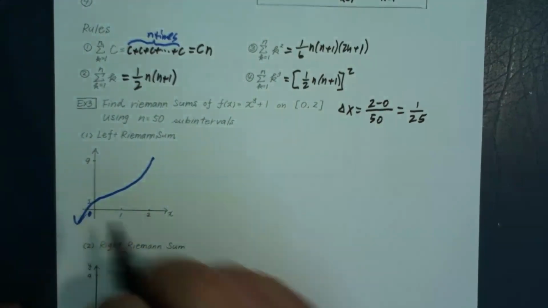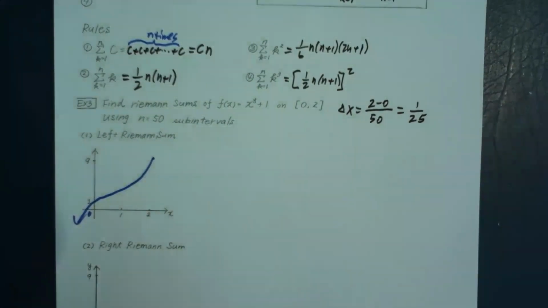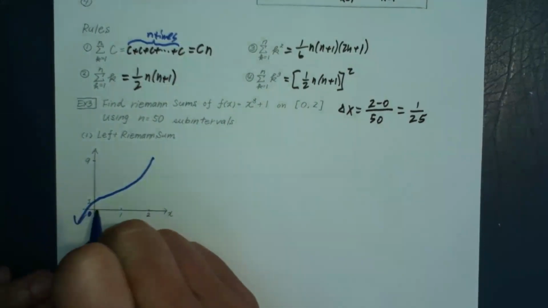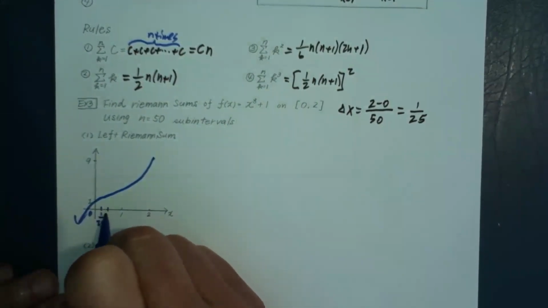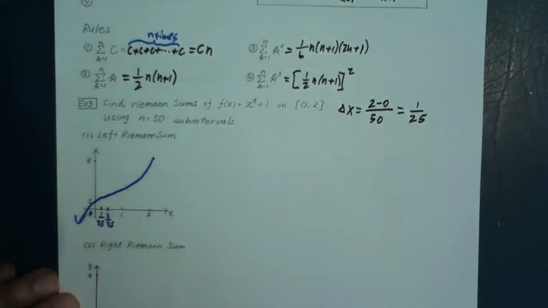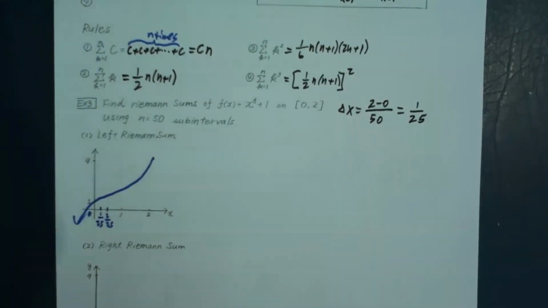So here we have 0, and then next up we have 1 over 25, 2 over 25, and so on. It's too small to draw the picture, especially because we have 50 of them coming up. And even these distances are over exaggerated.